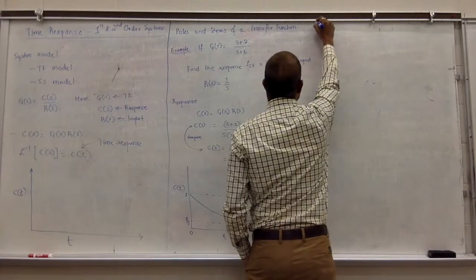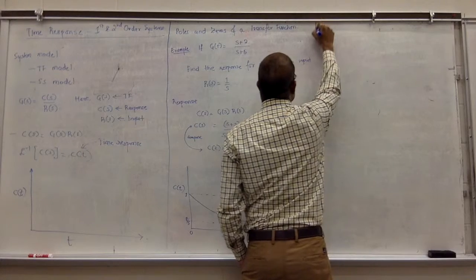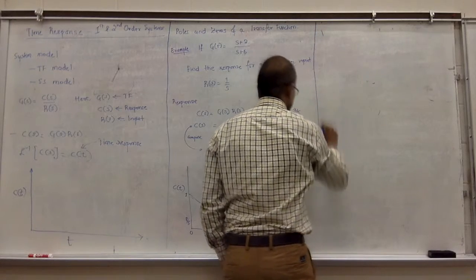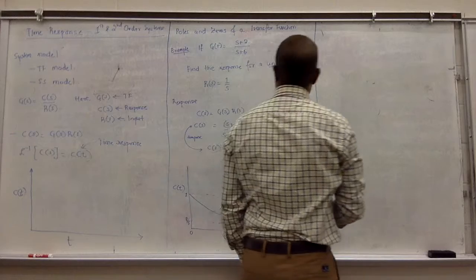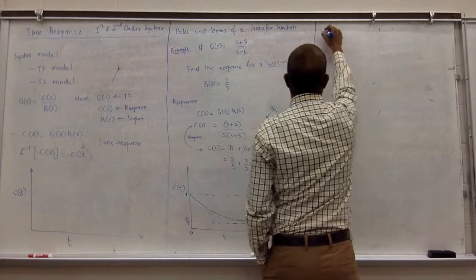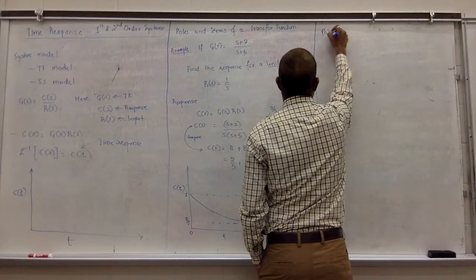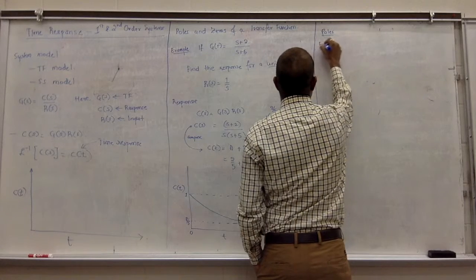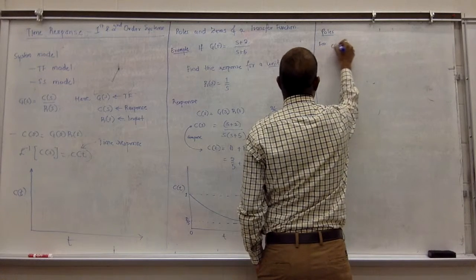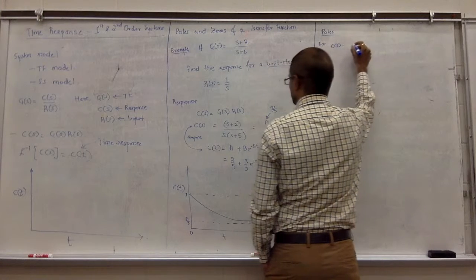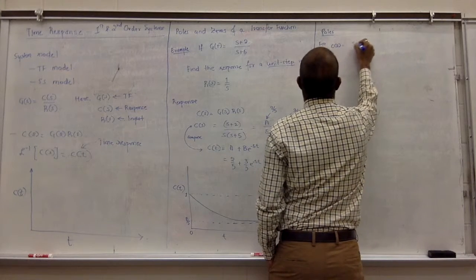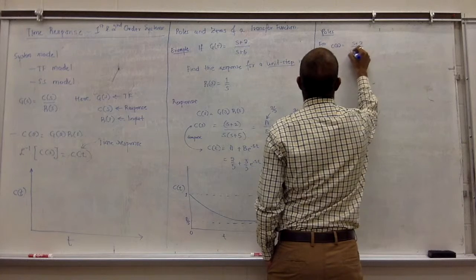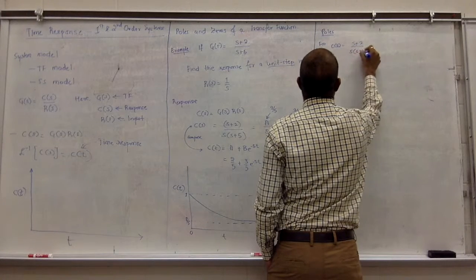So here in this system, the poles for C of S equal to S plus 2 divided by S times S plus 5.